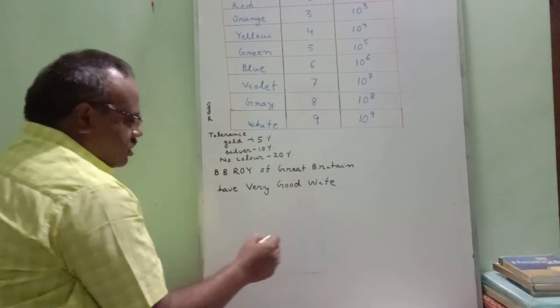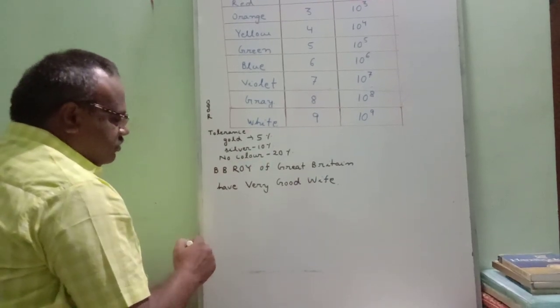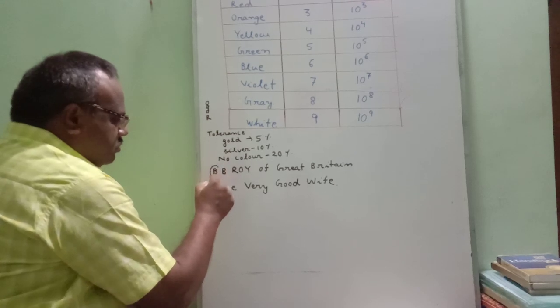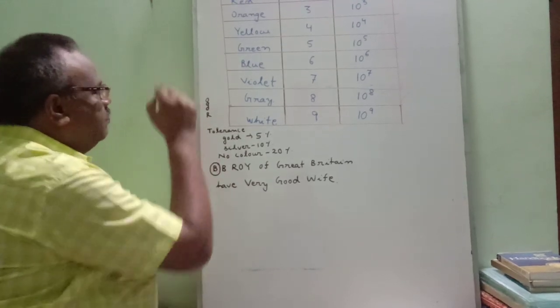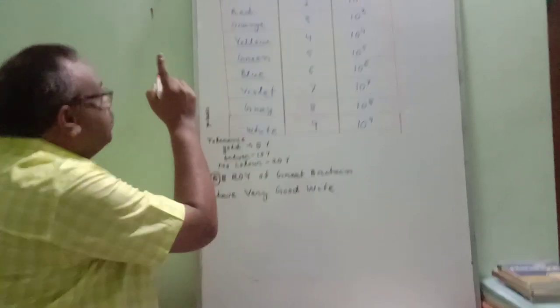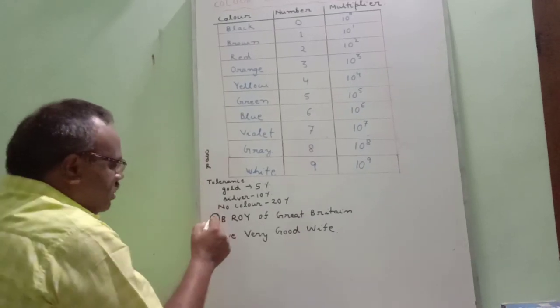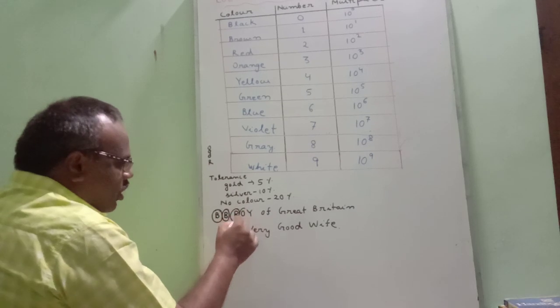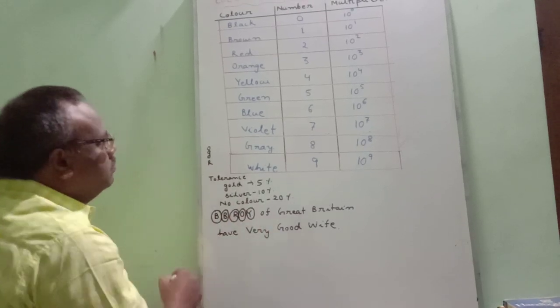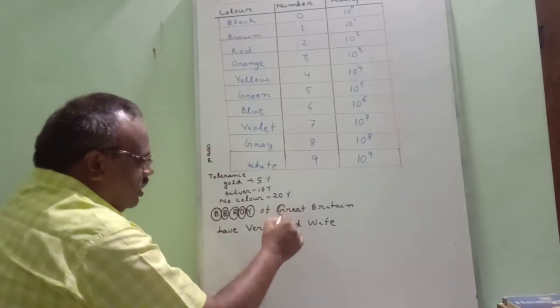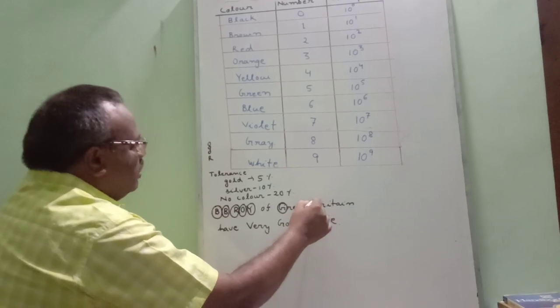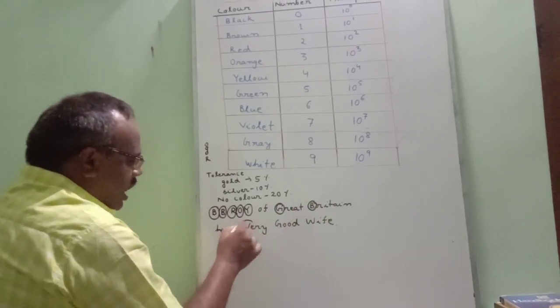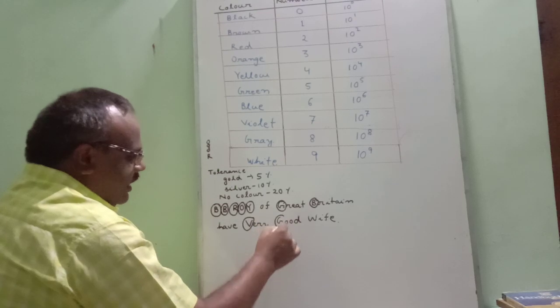Black, first B; brown, second B; red, orange, yellow, green, then blue, violet, grey, white.